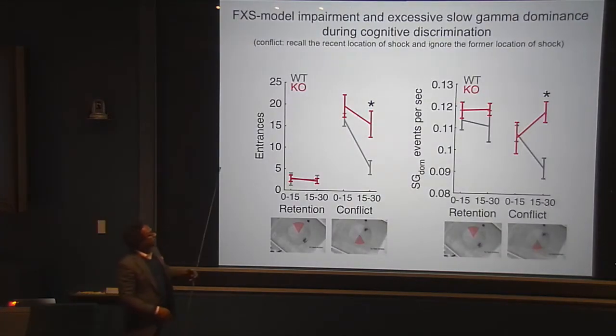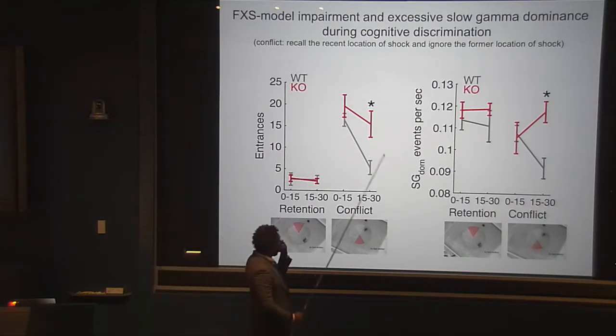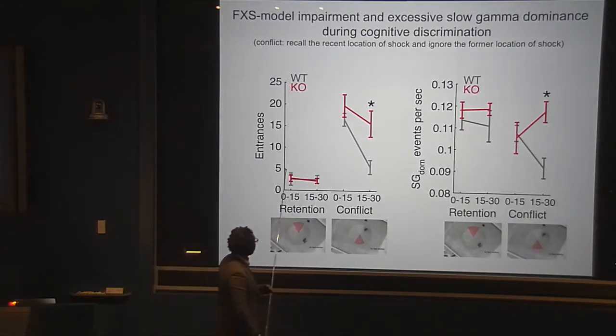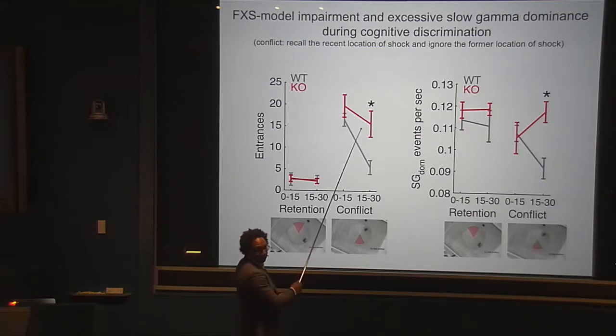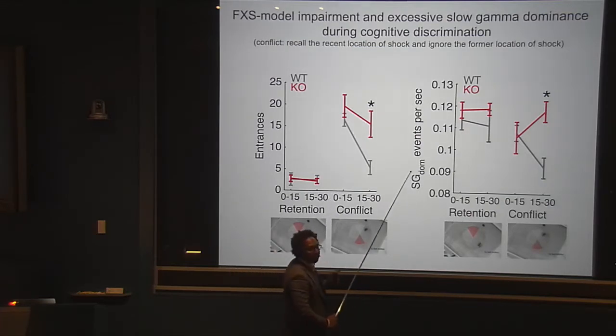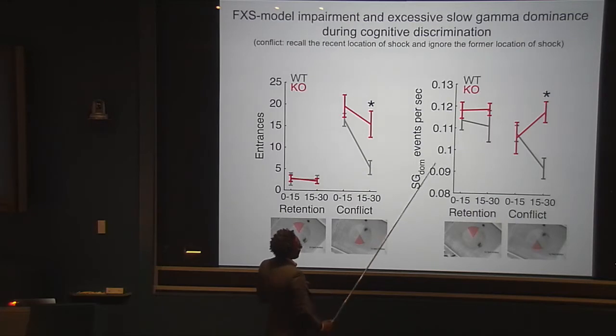Remember now, these Fragile X knockout mice, or Fragile X model mice, have quite normal learning and memory, as measured here, when they learn to avoid one shock zone. But when you change the shock zone in these conflict sessions, then they show this inflexibility impairment. And if you look at those slow gamma dominance events as shown here, they're more or less normal in rate during the learning and memory test.